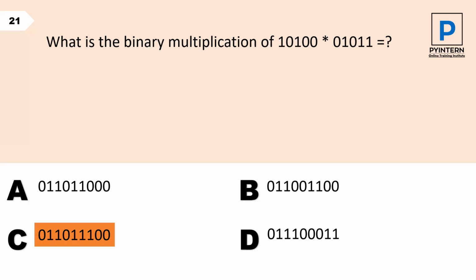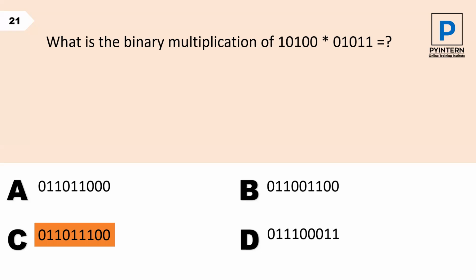Okay, let's see the size of both binary numbers. The first is 5-bit, and the other is also 5-bit. So the whole size is n plus m minus 1 bit, meaning if the size of the first is n and the size of the second is m, then the total size is n plus m minus 1 bit.